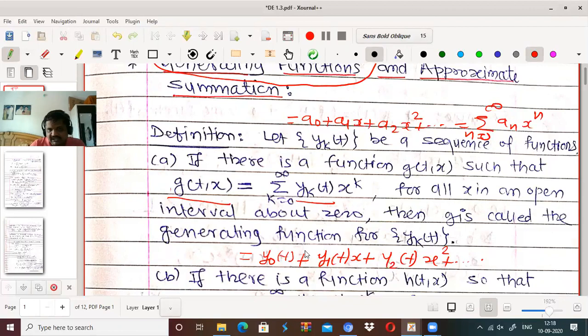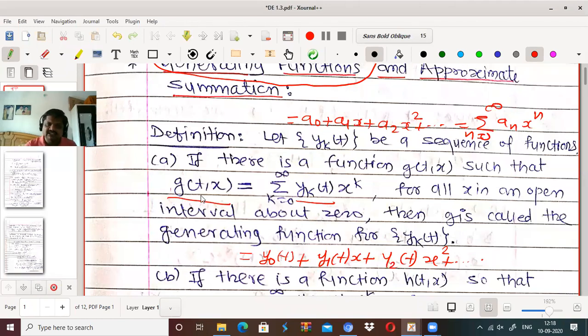So this whole function y_0(t) plus y_1(t)x plus y_2(t)x square plus so on, this power series, is called the generating function for the sequence y_k(t). A very simple concept.